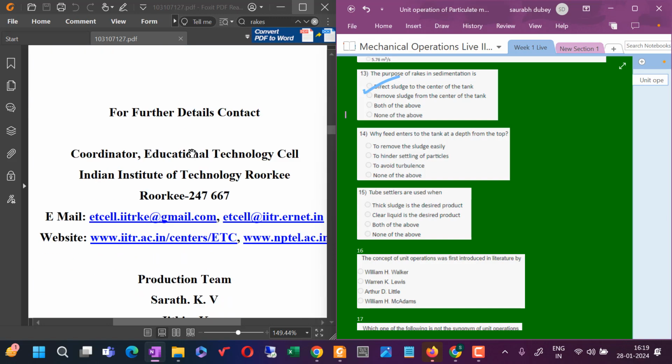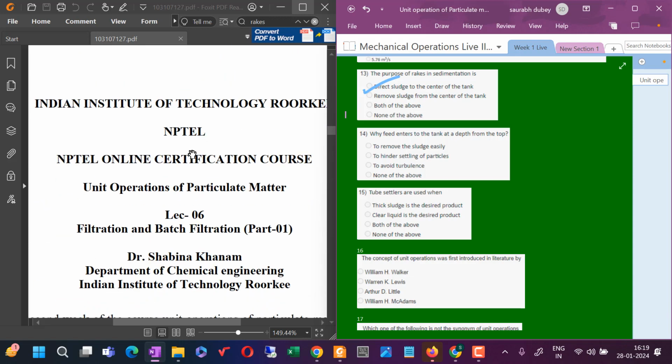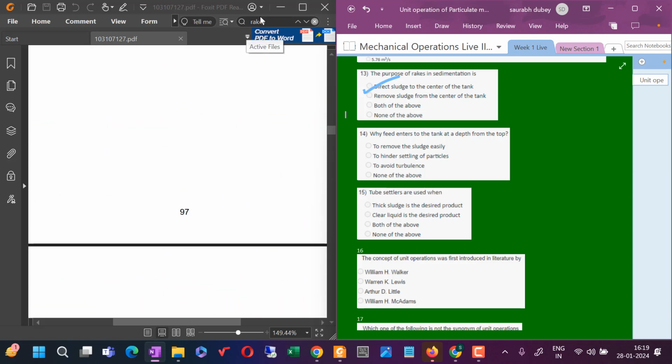This turbulence will be mitigated only when you are sending the feed into the tank at a depth from the top.